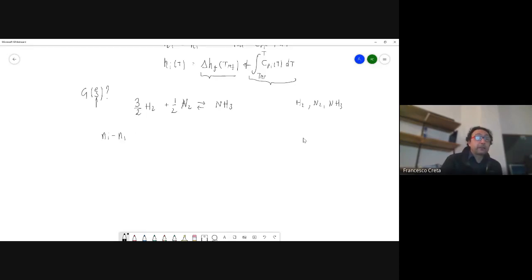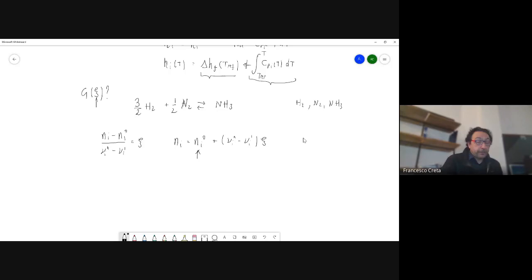So let's remind ourselves a little bit of the definitions here. This is the definition of the progress variable, so that we can write essentially for every species the number of moles. Let's choose the initial composition.